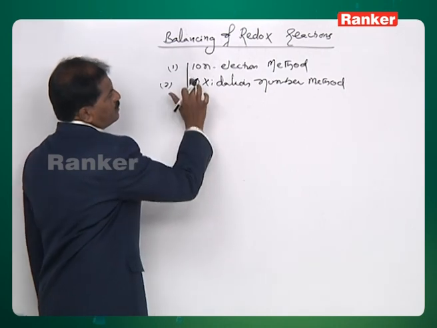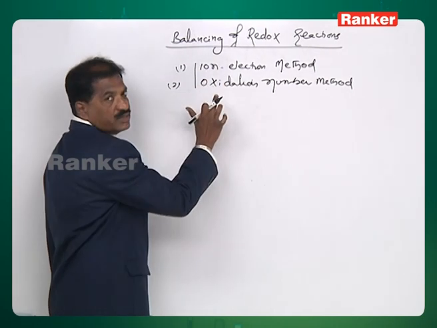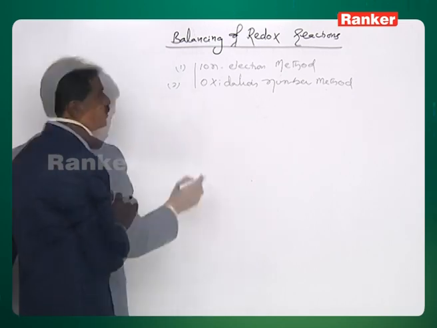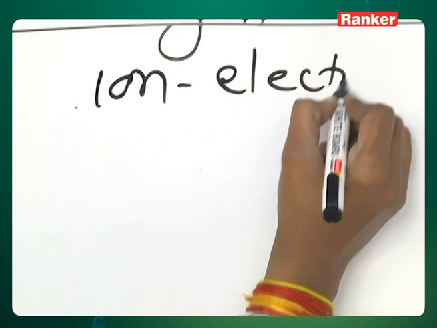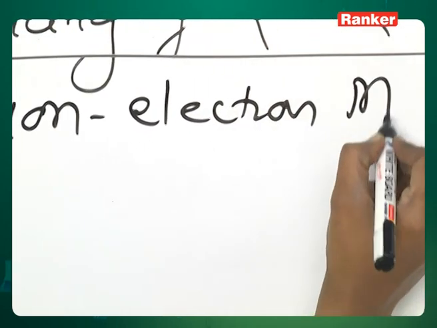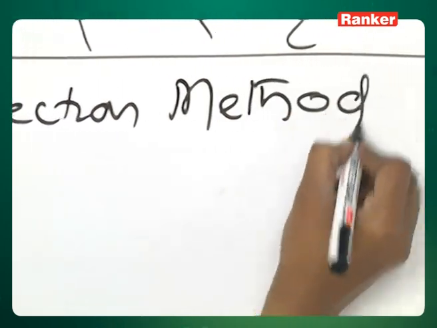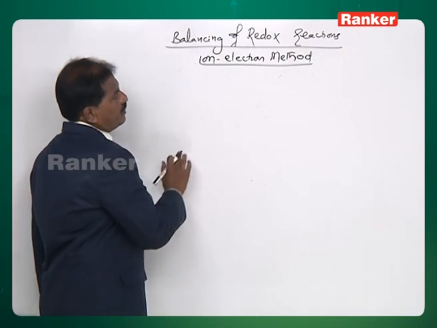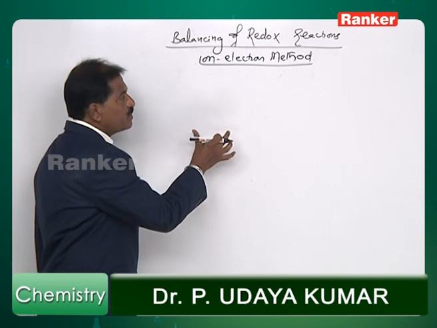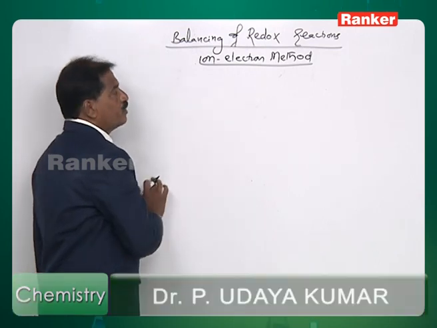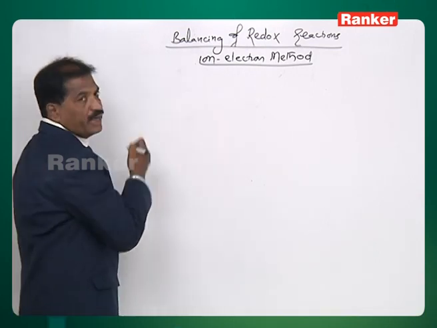Now let us discuss the balancing of the redox reaction through the ion-electron method. This ion-electron method is applicable if ions participate in the redox reaction. The best example is KMnO4.